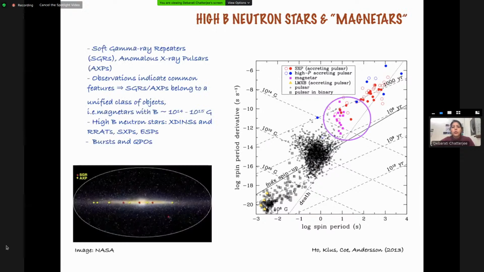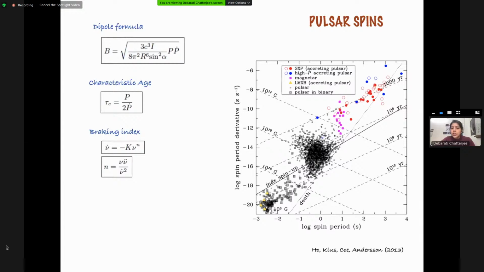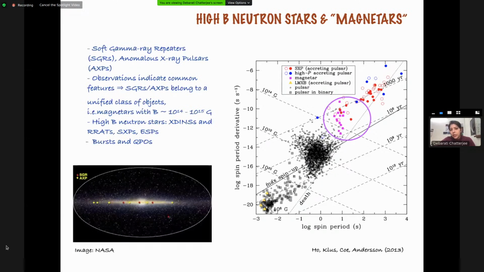A back of the envelope calculation tells you that these clusters of pulsars are extremely magnetic, above 10 to the 15 Gauss. Normal pulsars have magnetic fields around 10 to the 12 Gauss, but this family is extremely magnetic. These are called magnetars because they are so extremely magnetized.